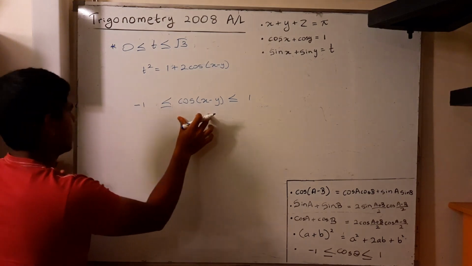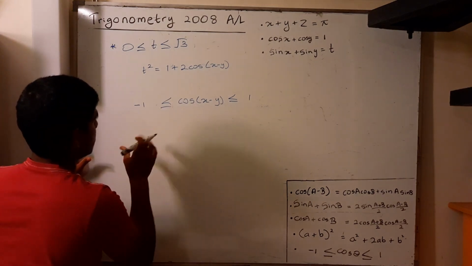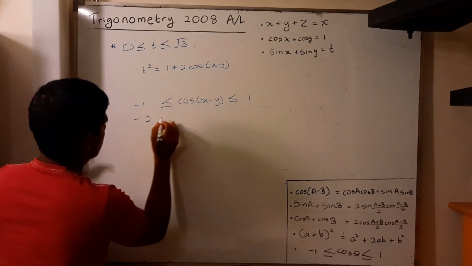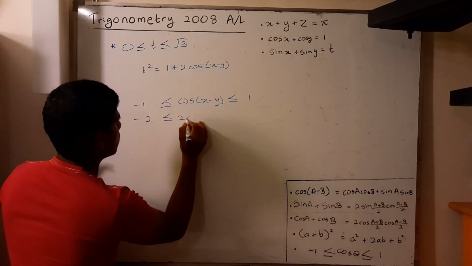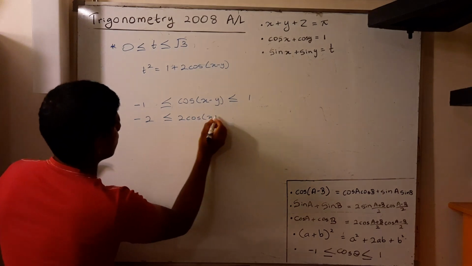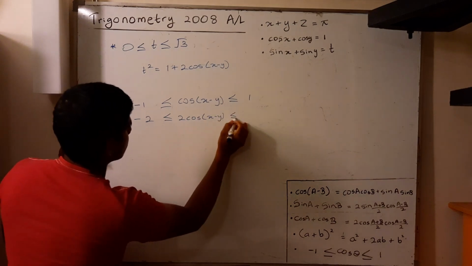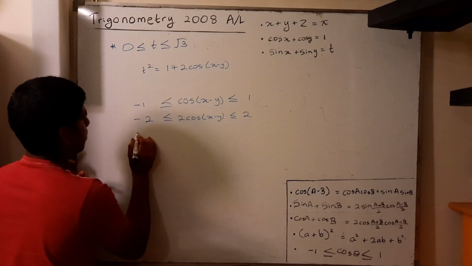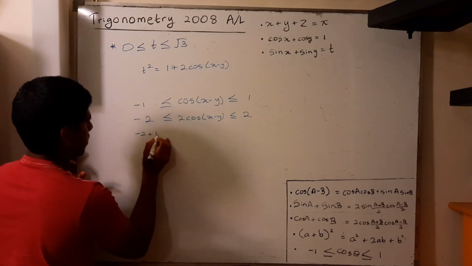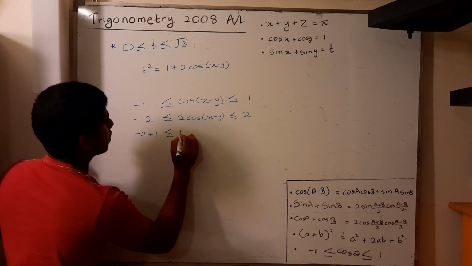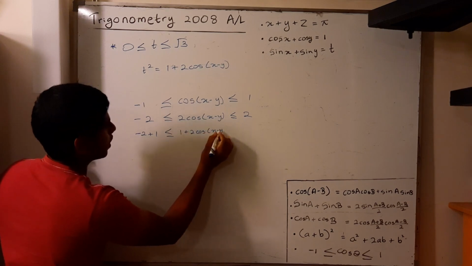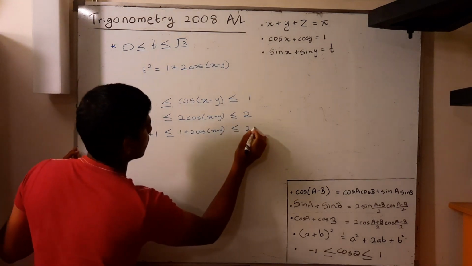So basically I wrote this as the range for cos theta. Then I am going to multiply the whole thing by 2, so it becomes -2 less than or equal to 2 cos(x - y) less than or equal to 2, and then I am going to add plus 1 to each side.